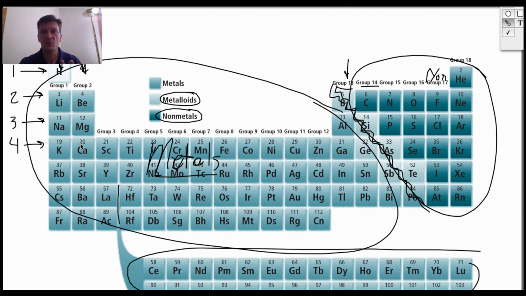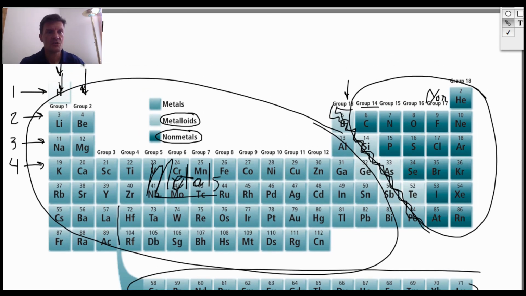So I'm just going to give you really quickly here some names, and I want you to write these down. Group 1, right here, these are called the alkaline metals. Group 2, these are the alkaline earth metals.